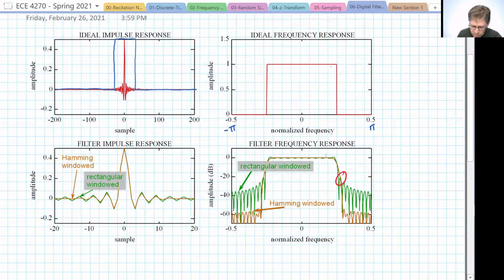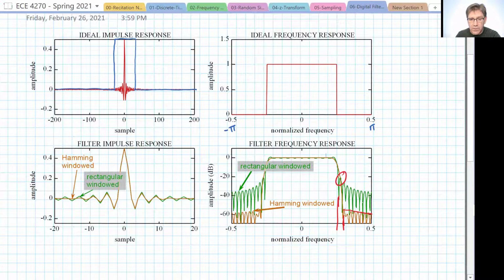If we multiply the whole thing by the Hamming window, we end up getting a slower transition to its lowest point. Instead of hitting the first 0 here, it hits the first 0 here. However, we are way down there. That got us much further than we did before.